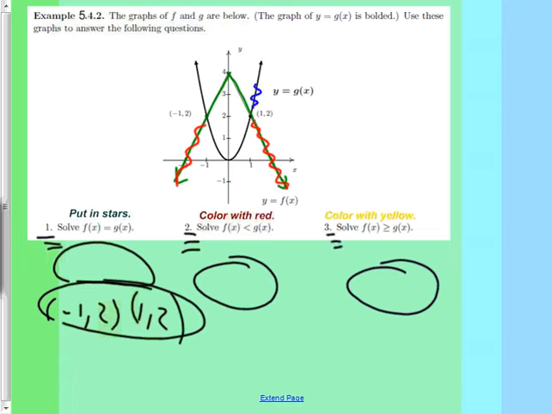Anyone have a bone to pick with my answer? Several people. Miss T. Okay, that's a problem. You're right. I wanted where f of x was greater than g of x, and I've given the answer in terms of g of x.